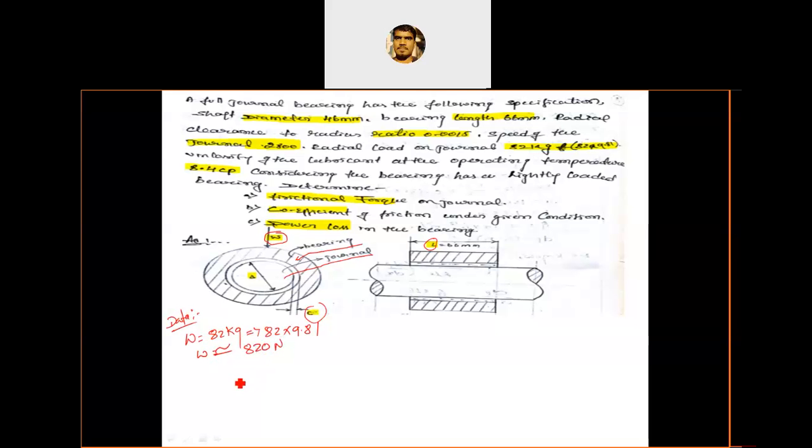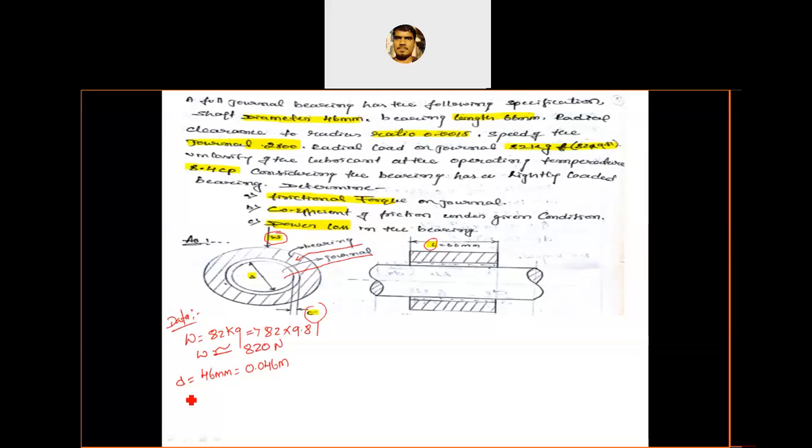Second, they give the diameter D, which is 46 mm, that you convert to meter, 0.046 meter.